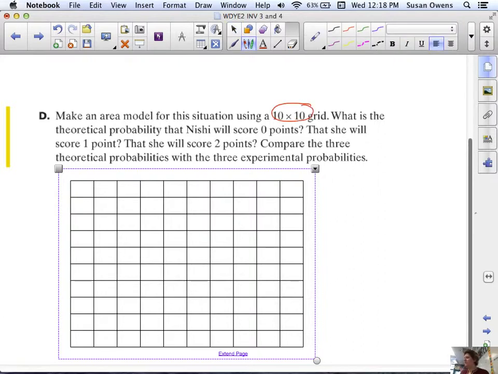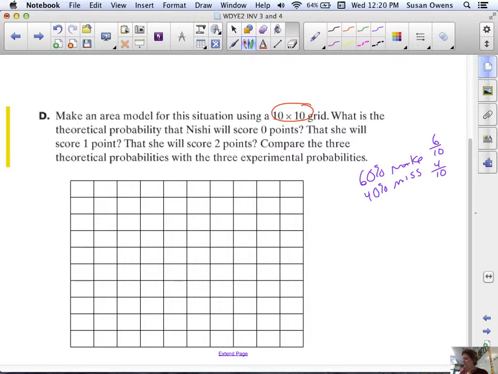We use a 10 by 10 grid because she's got a 60% chance of making it and a 40% chance of missing. So 6 out of 10 is a make, and 4 out of 10 is a miss. You might ask, could we have done a 5 by 5 grid? Yes, because 3 out of 5 and 2 out of 5 also give you 60-40.